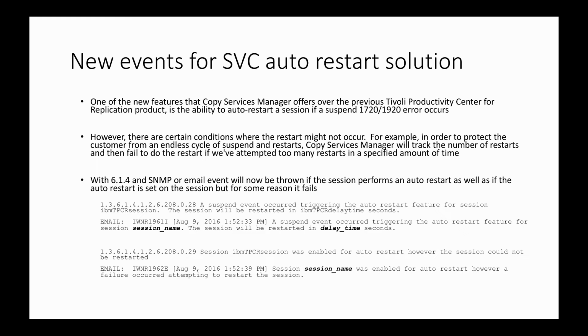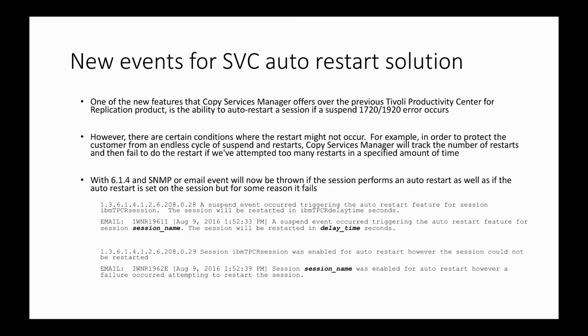All right, and now we have new events for SVC auto restart. So in CSM, I believe it was the 6.1.0 release, we added the ability to auto restart SVC sessions that suspend with the 1720/1920 error. So we're constantly trying to improve that and add to that solution.